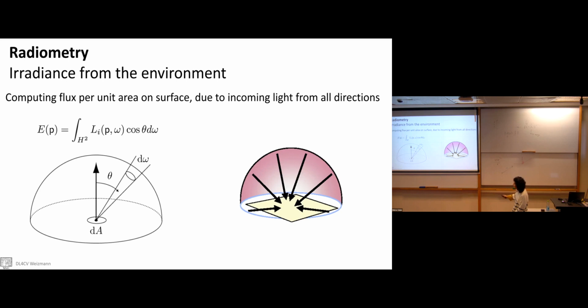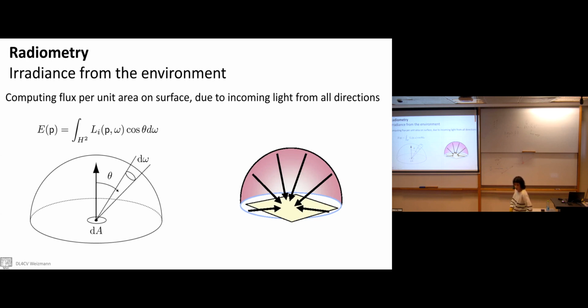Every time I'll have another theta, dW, over this hemisphere. This will give me the entire energy, the irradiance falling on this surface. And if you check the units, the steradian are going to cancel, and we are going to have watts per meter squared, which is the irradiance. I know it's confusing, but believe me that this is the best way that I imagined to teach it. I don't know if you have any other idea. I would be glad to hear.